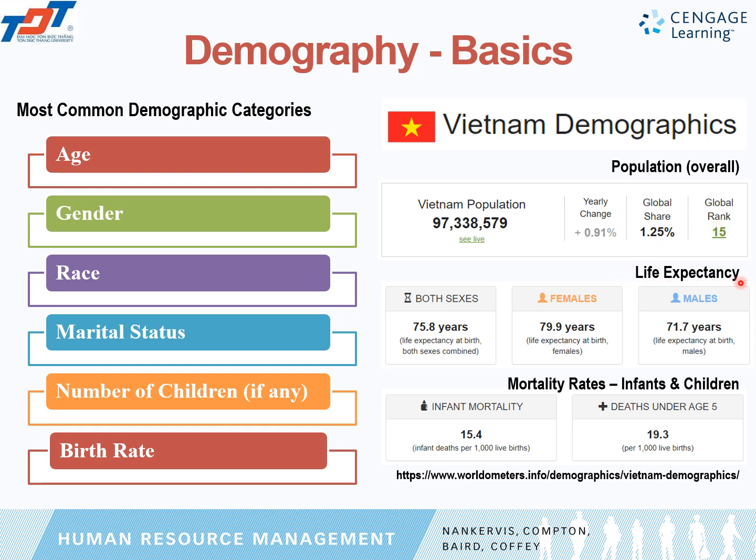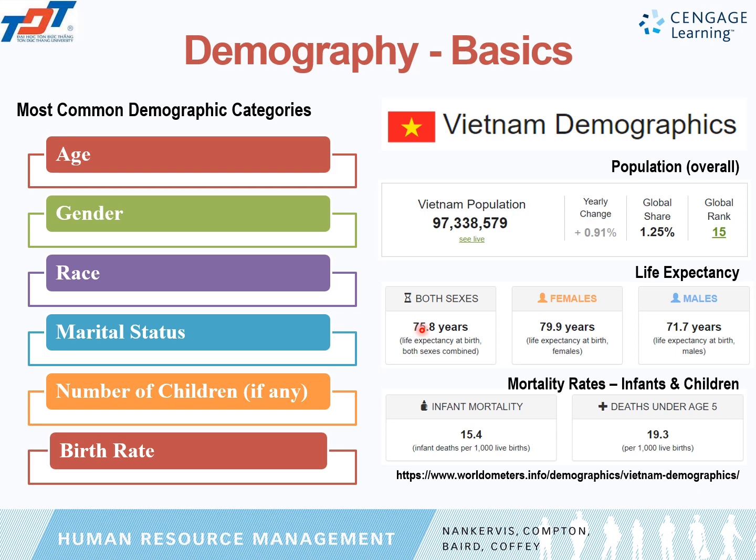Another thing that I may be interested in is the so-called life expectancy. Now, this more or less has to do with the number of years people live. So, for both females and males, the average life expectancy is slightly less than 76 years.